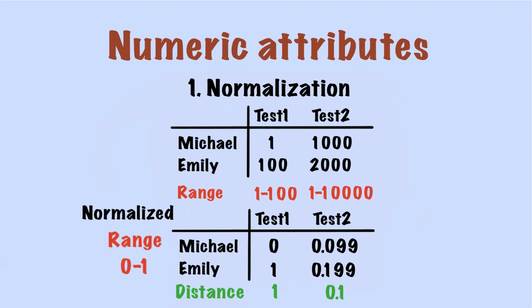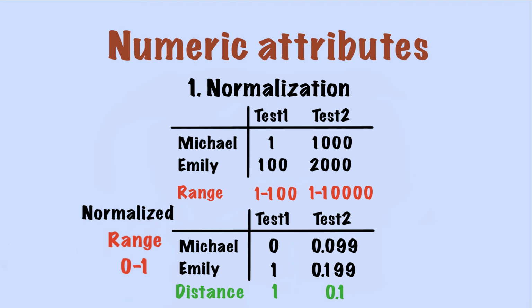Remember, Michael and Emily's answers are on the two extremes of the original data range in test 1. After normalization, the difference between them becomes 1, which is the maximum distance you can get in a new range of 0 to 1.